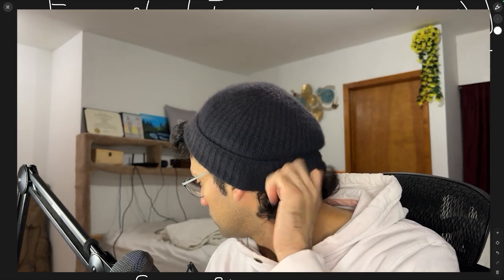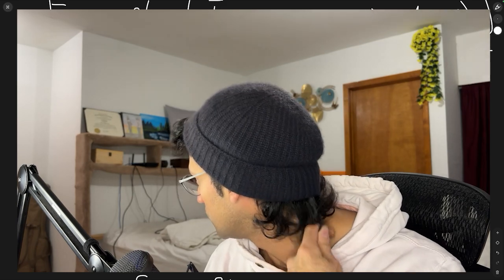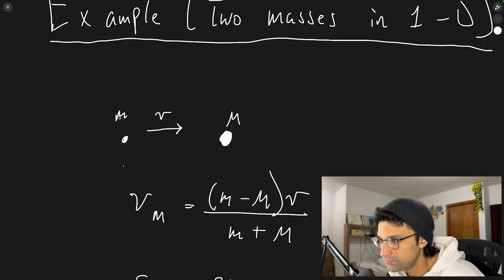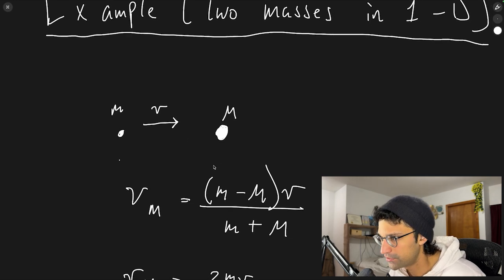If the collision is perfectly elastic, that means all of the kinetic energy is conserved. All of the kinetic energy from this mass is going to be transferred into this mass when they collide, like a cue ball in billiards.